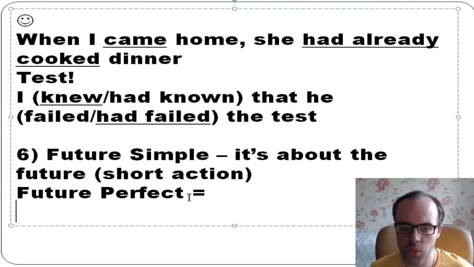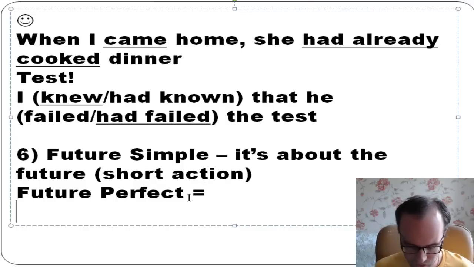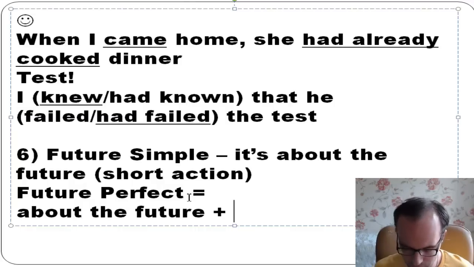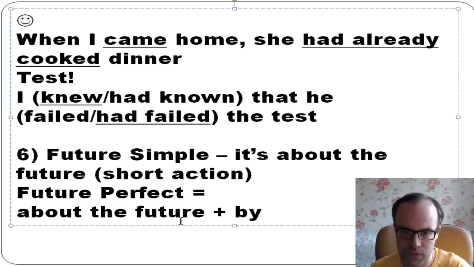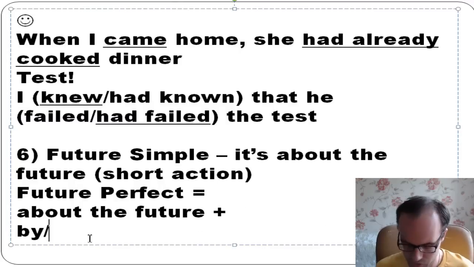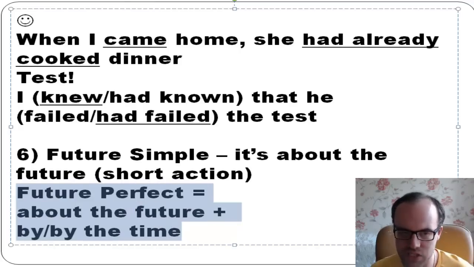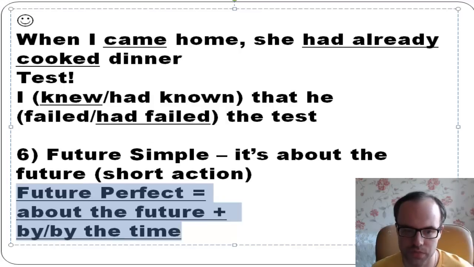So we use future perfect when you talk about the future, and when you have by, or it's usually by or by the time. So if you have it in a sentence, yeah, you need to use future perfect. Yes, it's about the future.